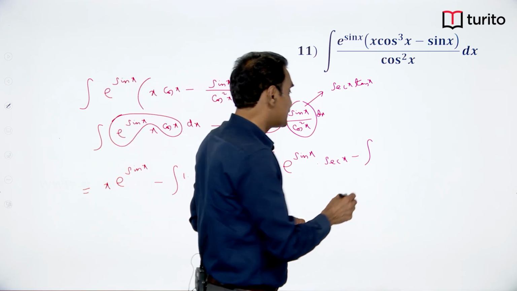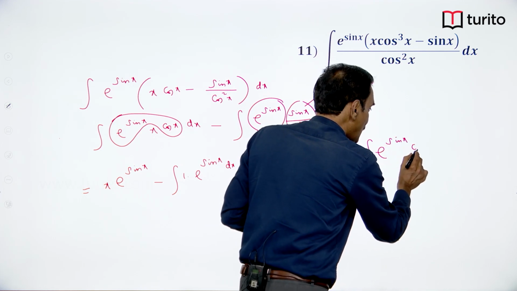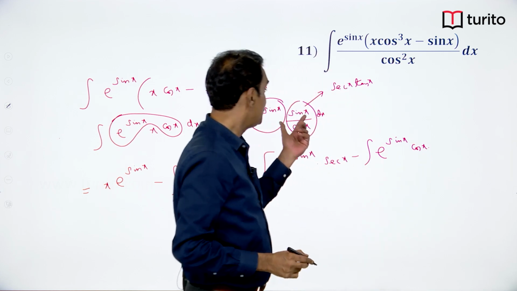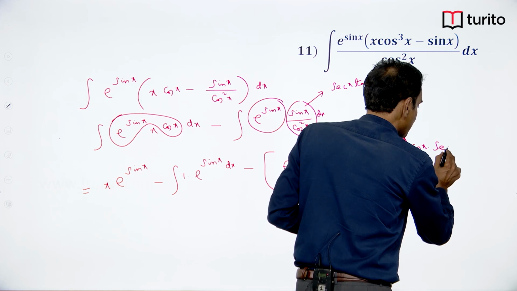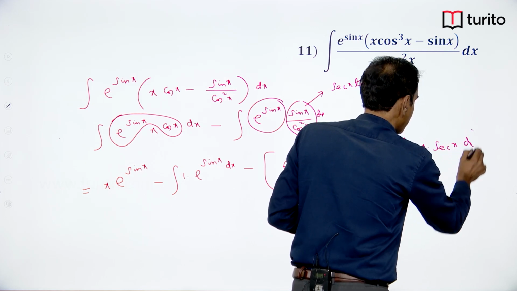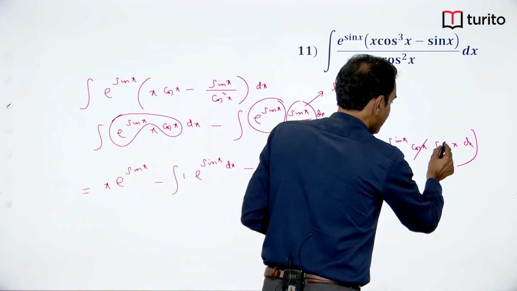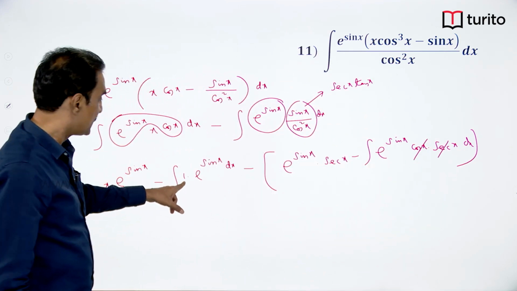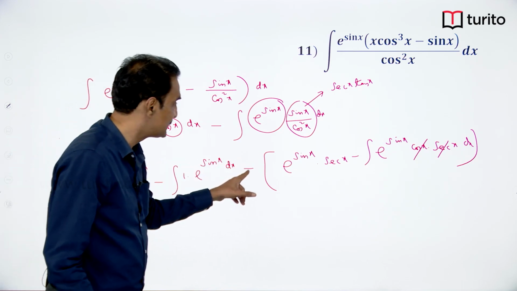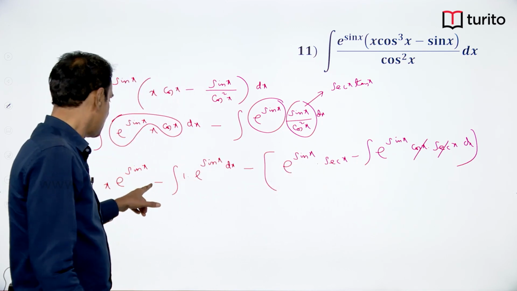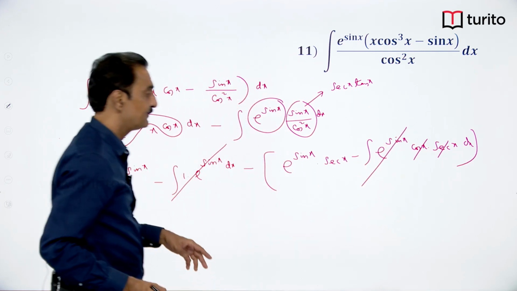Derivative of e power sin x is e power sin x into cos x into integral of the second function, that is secant x. Cos x and secant x will cancel. Now if you observe, minus integral e power sin x dx also cancels. This minus and plus will cancel. So I am cancelling this and this.